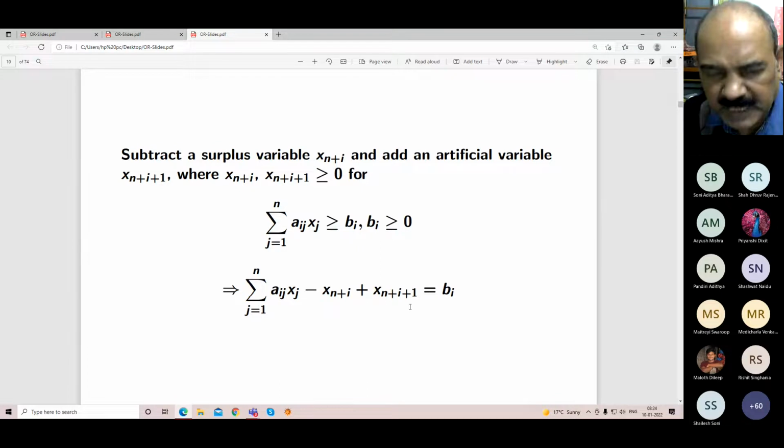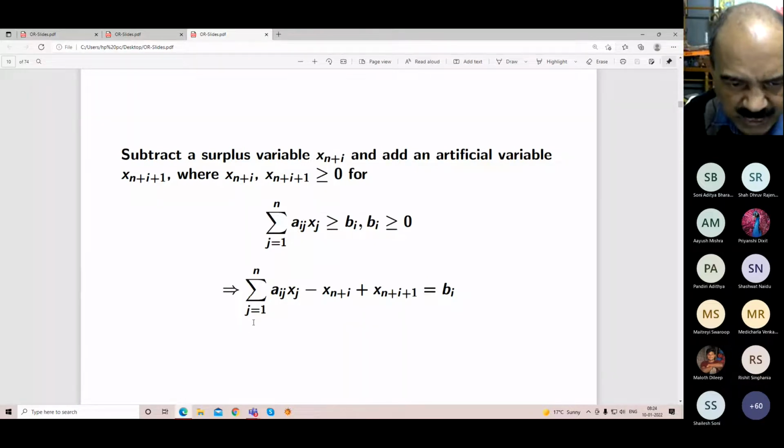Why is there a requirement of adding? Because a surplus variable cannot act as a basic variable in a linear programming problem. Only a slack variable or an artificial variable can be a basic variable. Once you introduce the surplus variable, there is a need to add an artificial variable to this inequation.